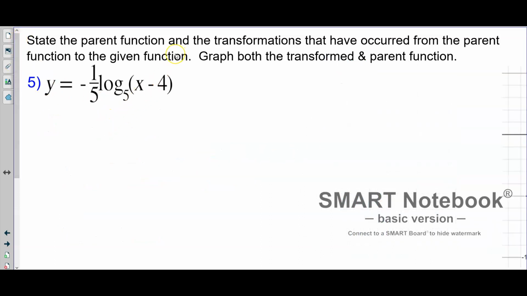Okay, one last graph for number 5. The parent function for this one, because you have a base of 5, would be y equals log base 5 of x. So when we look at our transformations, this negative on the outside reflects over the x-axis.